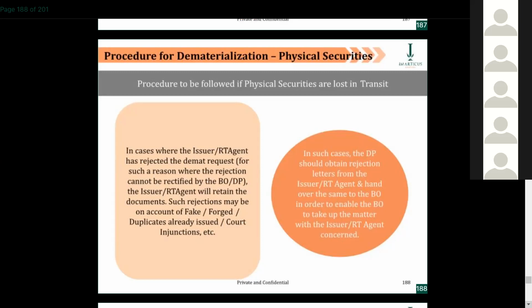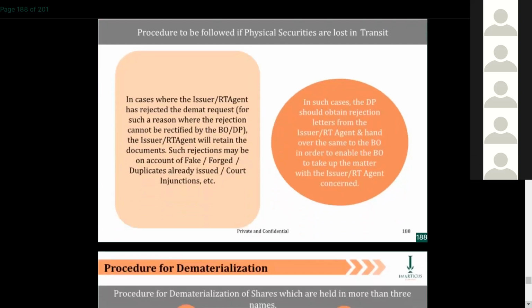Such rejection may be on account of fake, forged, duplicate, issued or already issued, court injunction, etc. In such cases, the DP should obtain rejection letters from issuers and hand over the same to the beneficial owner in order to enable the beneficial owner to take up the matter with the issuer, registrar, or registrar and transfer agent concerned.